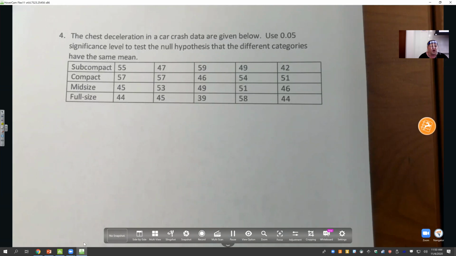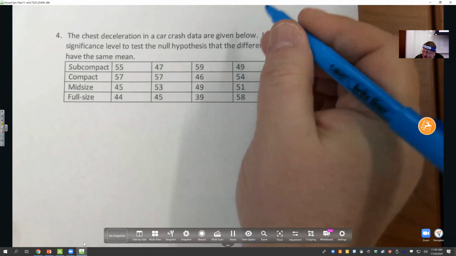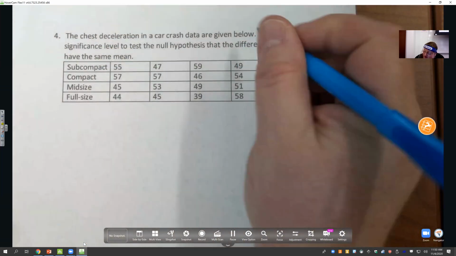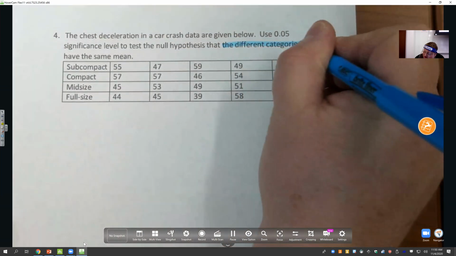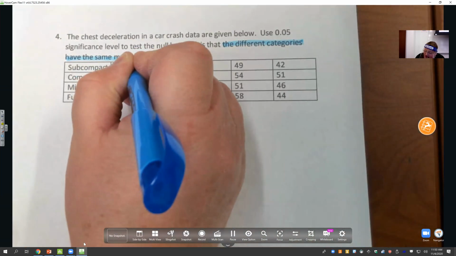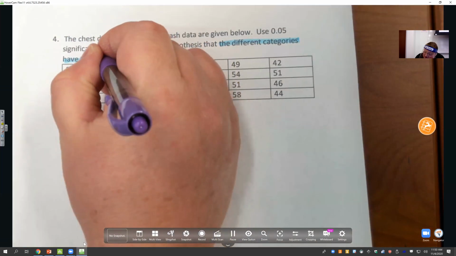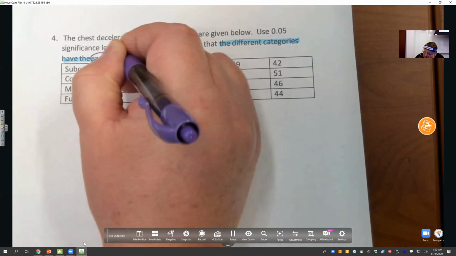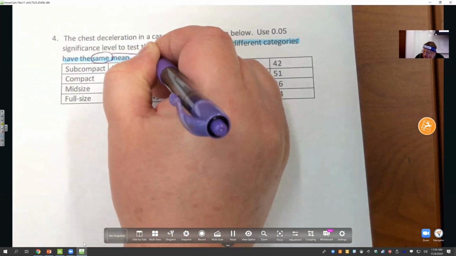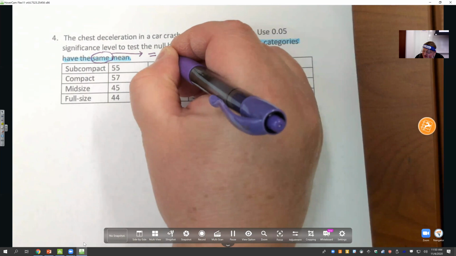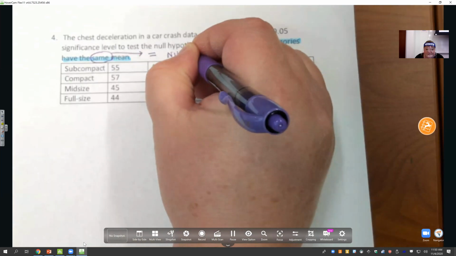So again, this one's worded a little bit differently. It actually tells you the null hypothesis is that the different categories have the same mean. Now, should they have not told you that, if they hadn't explicitly said null hypothesis, I hope you realize the word same mathematically would imply equal, which does make this the null.